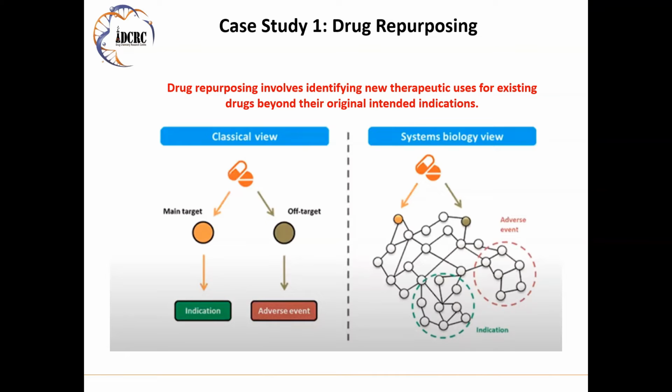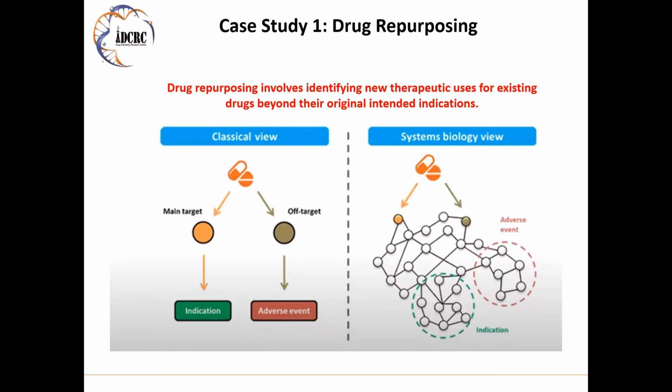It might also act on other targets, or by interacting in the indicated pathway it alters the effect of a particular node, which can lead to an adverse effect. So in the systemic view, a compound can act on two or multiple targets and exert different kinds of effects.